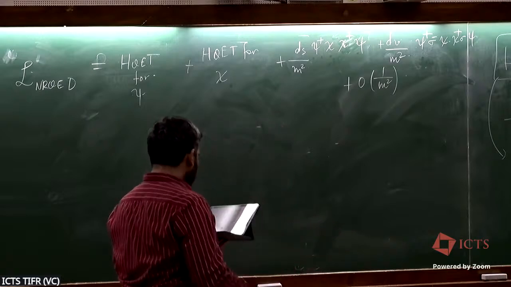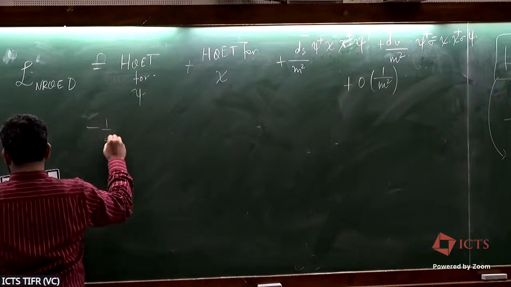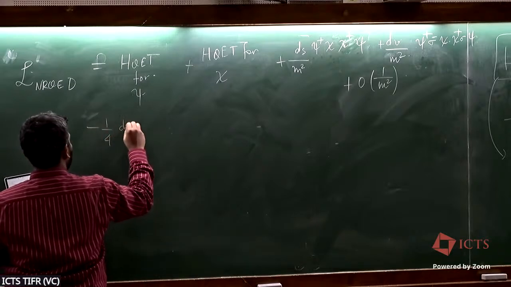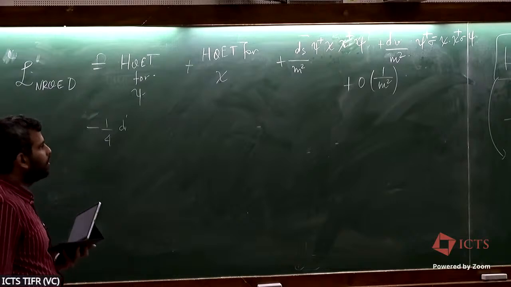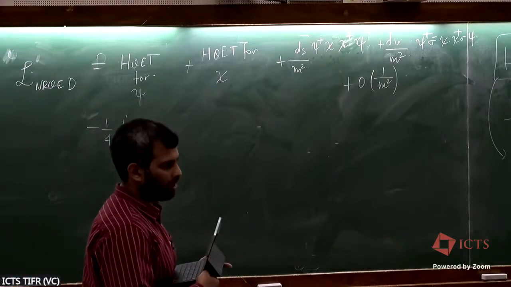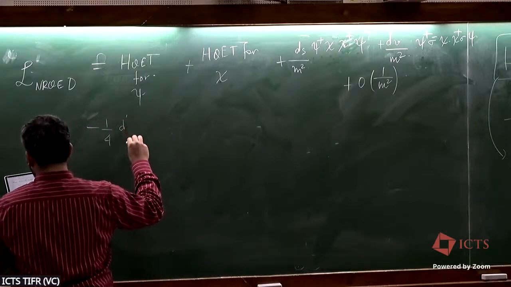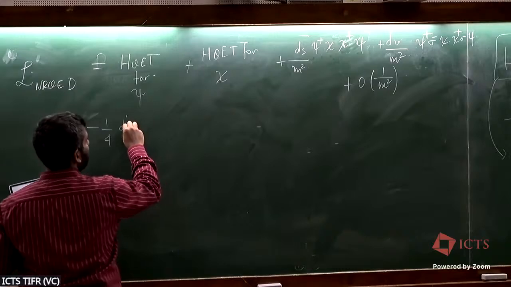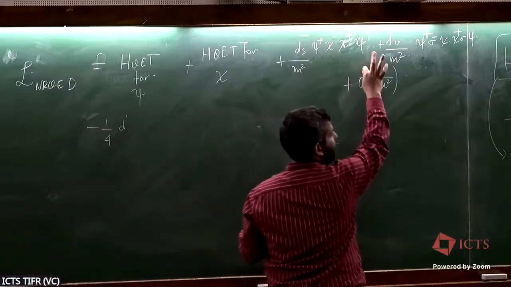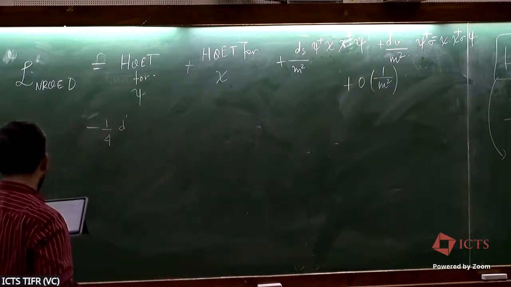I would also have terms like minus 1 by 4. Then I would also have the color in this. Basically, there would be T A factors sitting inside, the color index coming from the quarks.